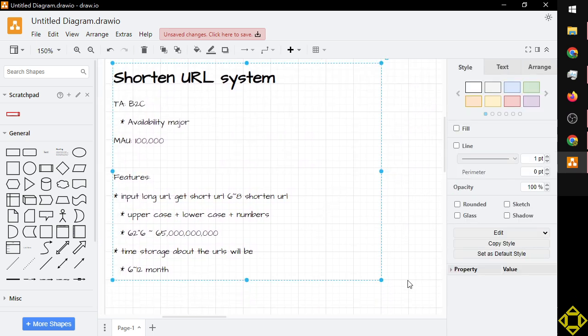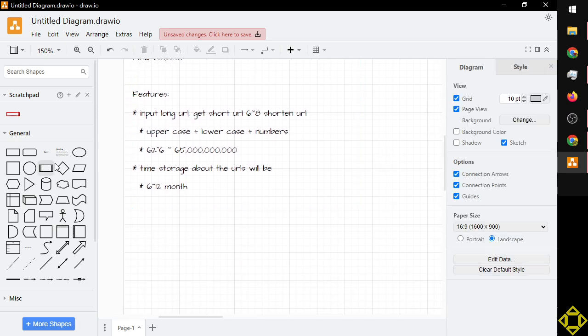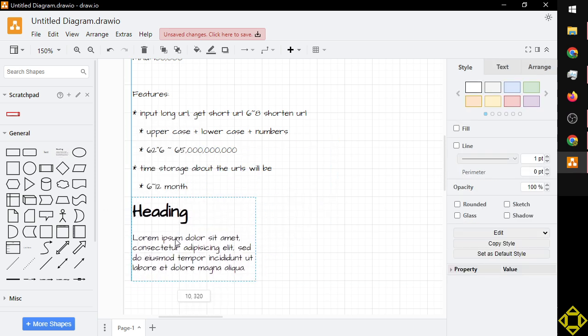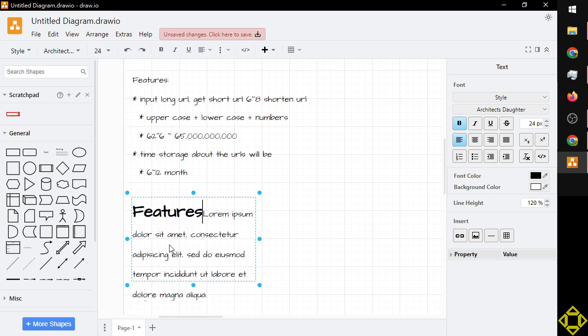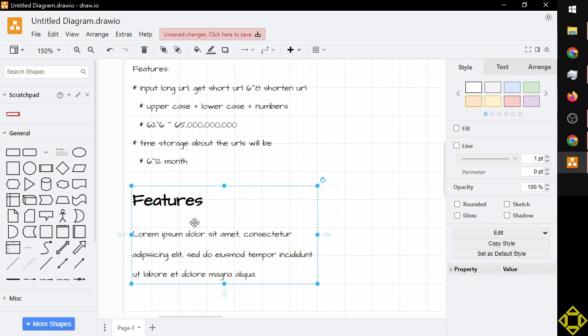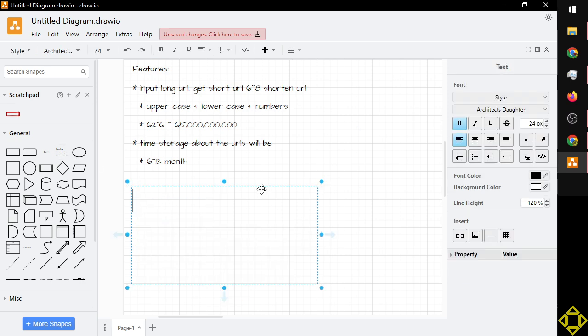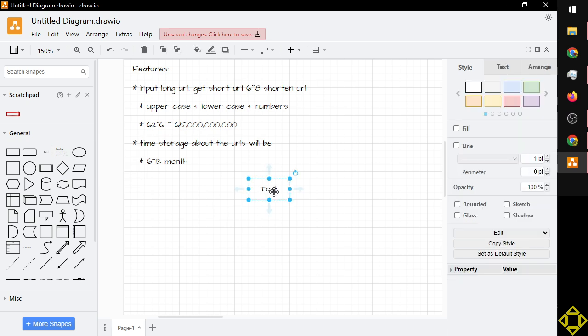So until here, I think we understand the major features, and we can start calculating something, about the QPS and storage. It's about features, more like non-functional features. I think we can just use this.